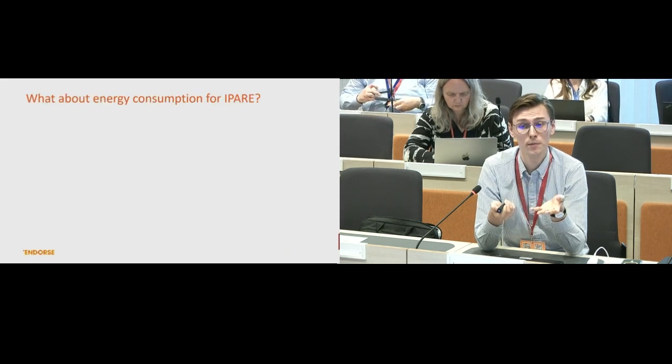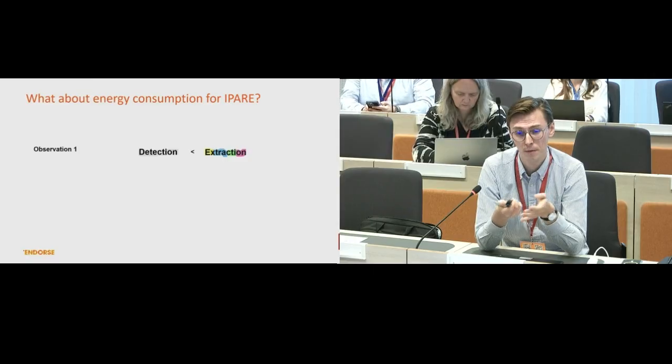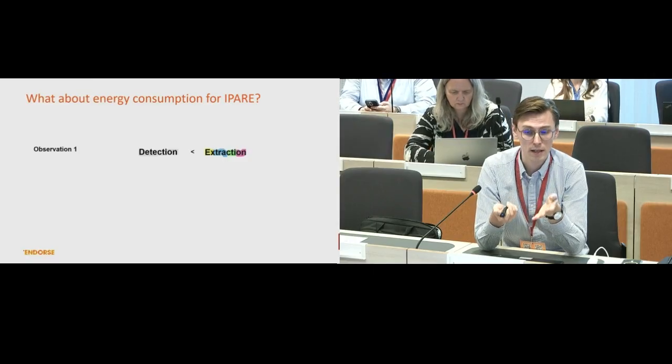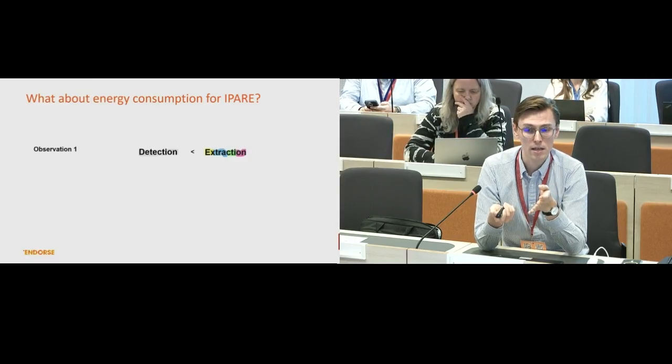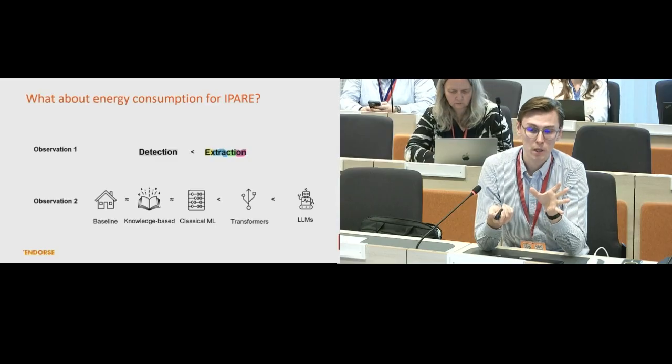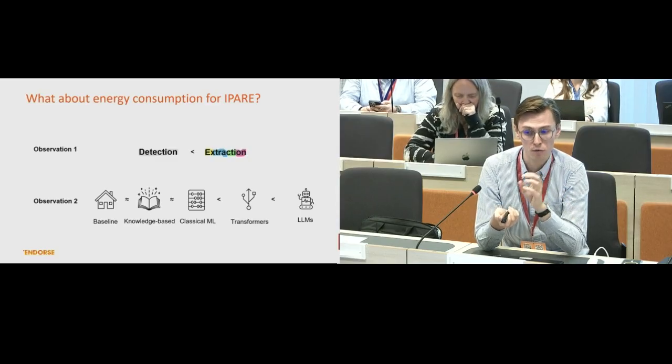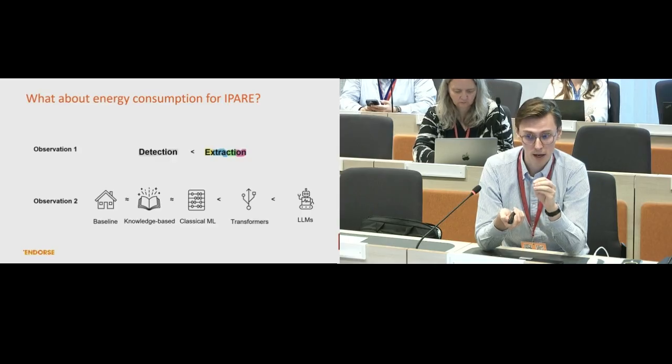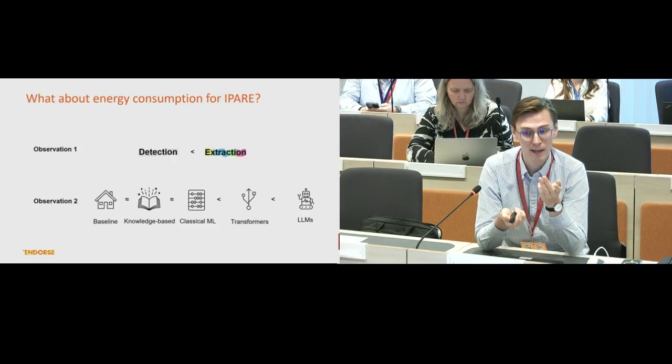So what can we tell about energy consumption for IPARE? Well, for starters, detection on a single sentence is less power consuming than extraction. And baseline knowledge-based and classical machine learning consume less energy than transformer models, which in turn are surpassed by LLMs by several orders of magnitude.